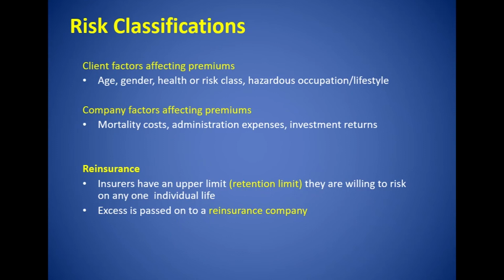So in fact, they may share the additional $3 million risk with those other companies. And they will pay part of the premium that you're paying to those other companies to cover that risk. So insurance companies will pass on this excess risk to reinsurance companies.